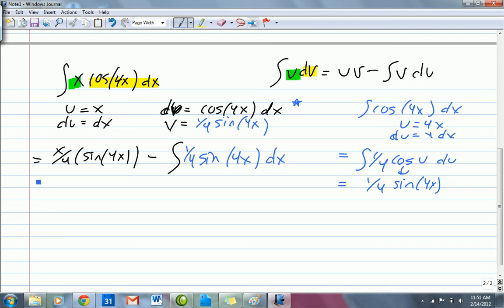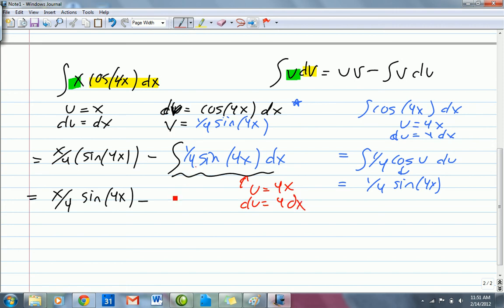Okay. So now I'm at a point where I can just integrate this little piece right here. And hey, guess what? To integrate that, again, I need to use substitution. So I'm mixing techniques here. Minus the antiderivative, well, this is kind of another u here. Again, to find the antiderivative of 1/4 sine of 4x, I let u be 4x. Therefore, du is 4dx.